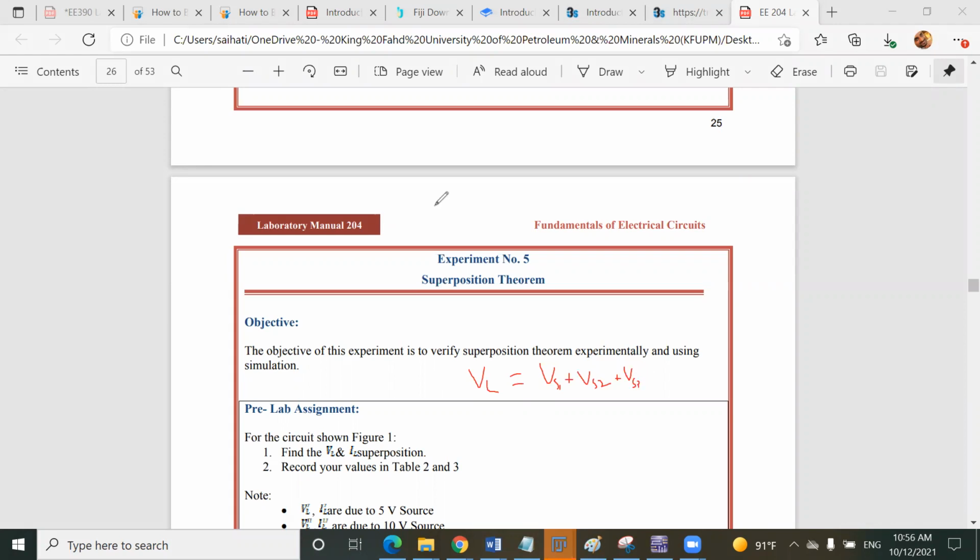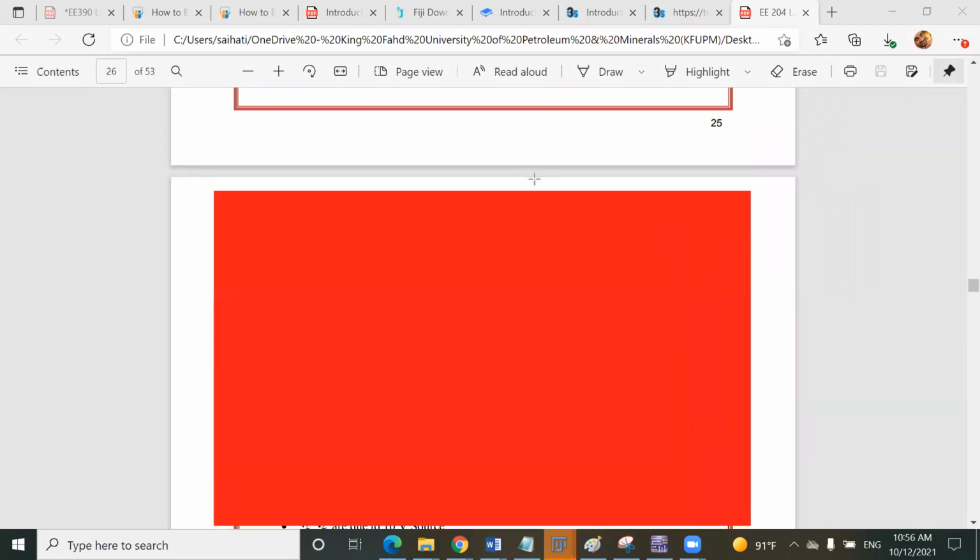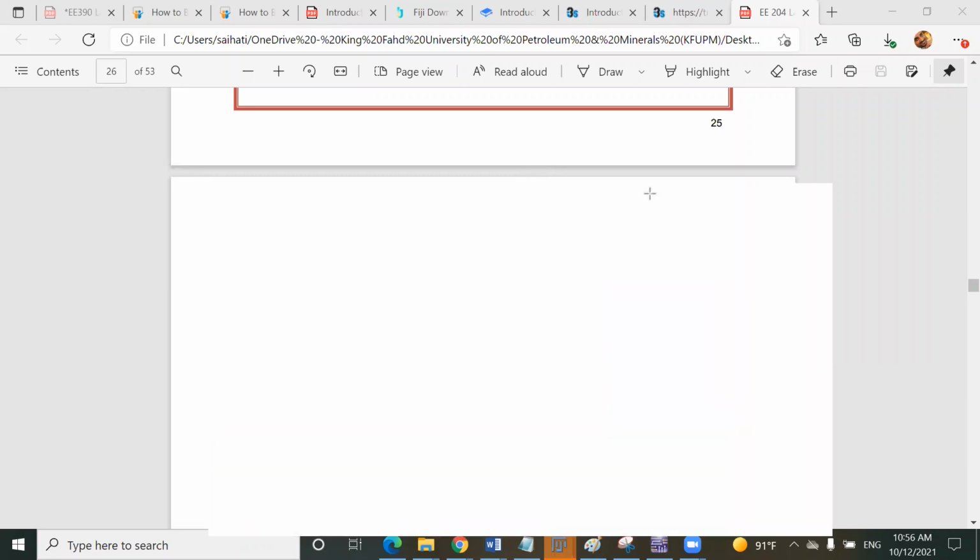Now let me give you a very trivial example, just to bring the idea clear to your mind. Suppose I have a guy here, and we have two persons on this side. I always like to give this example. This one is kicking him, and the other one is punching him on this part.